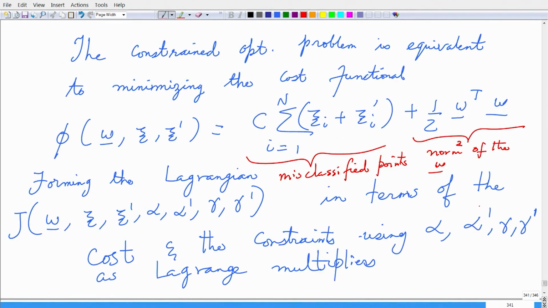Now once I define my constraints, I formulate my cost functional.